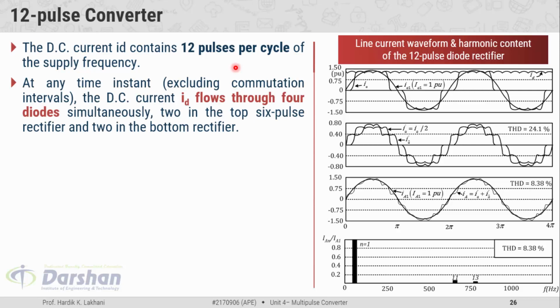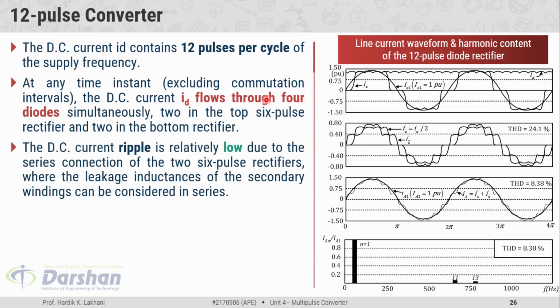At any time instant, the DC current ID flows through 4 diodes, which means 2 diodes from the top 6 pulse rectifier and 2 diodes from the bottom rectifier are simultaneously on. The DC current ripple is relatively low due to the series connection of these two 6 pulse rectifiers, where the leakage inductance of the secondary windings can be considered in series.